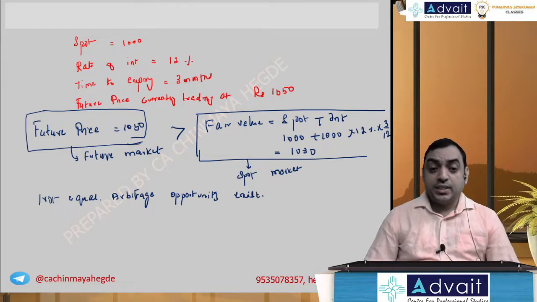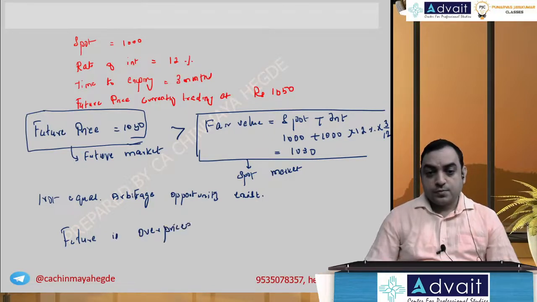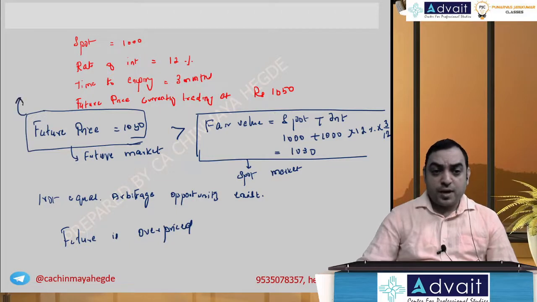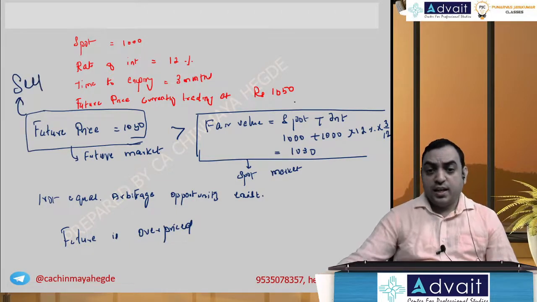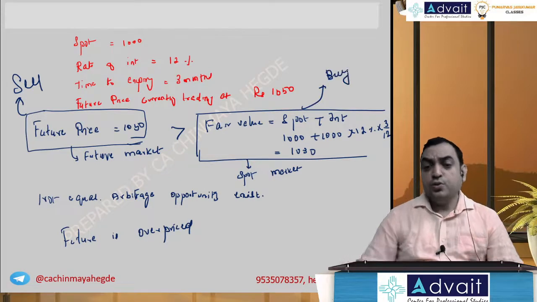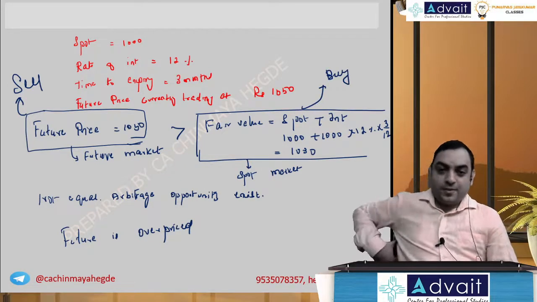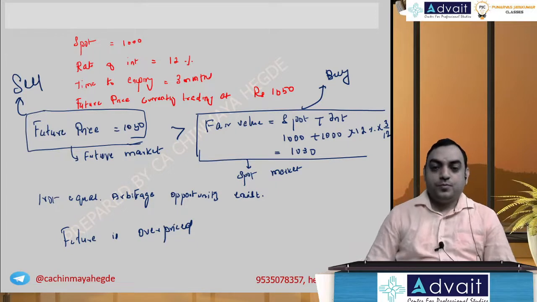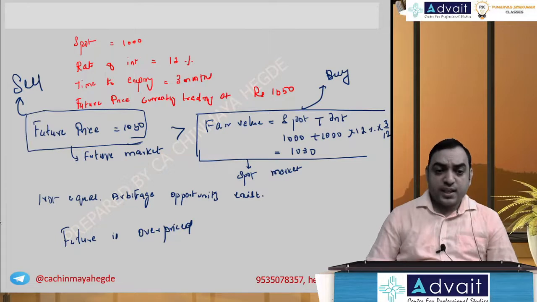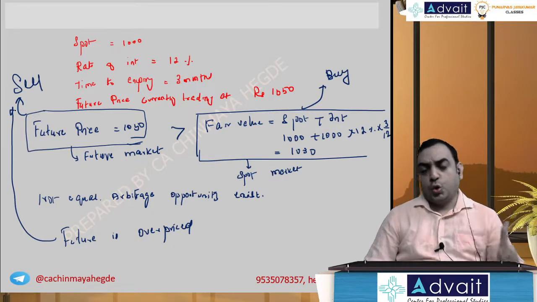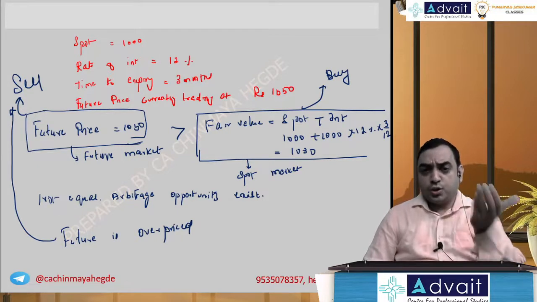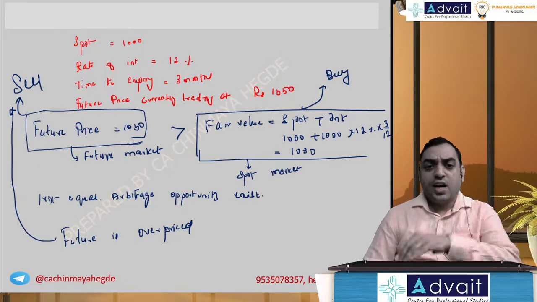So we say the future is overpriced. Overpriced means in the future market I am going to sell and in the spot market I am going to buy. When one is sold, the other is bought.